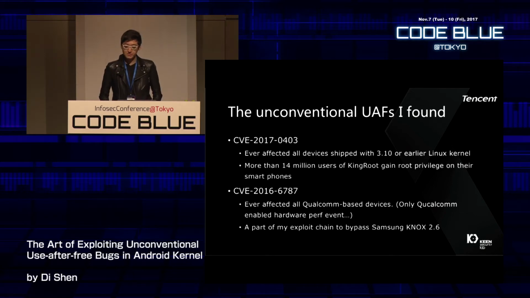Only Qualcomm-based devices enable this option on Android, so finally this exploit worked on Qualcomm-based devices only. This is also a part of my exploit chain to bypass Samsung Knox on the Galaxy S7. You can check the details in my slides for Black Hat USA 2017.